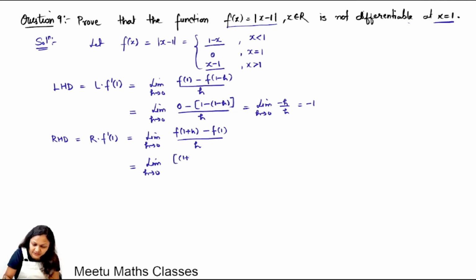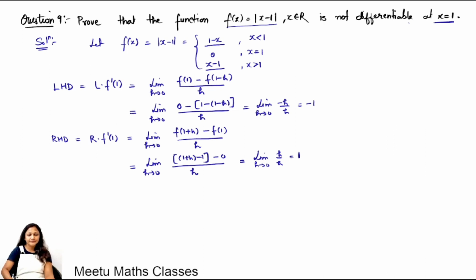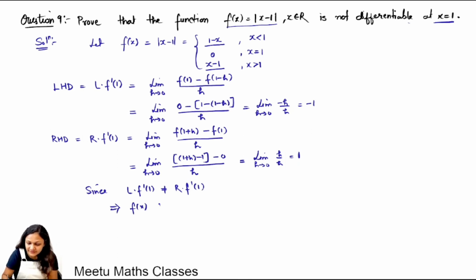So x is 1 plus h, minus 1. f(1) is 0, upon h. 1 will cancel out and you are left with h upon h, and the limiting value will be 1. Since the left hand derivative is not equal to the right hand derivative, that implies that your function f(x) is not differentiable at x equals 1.